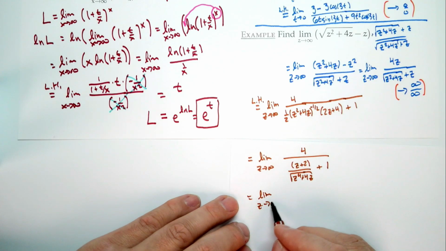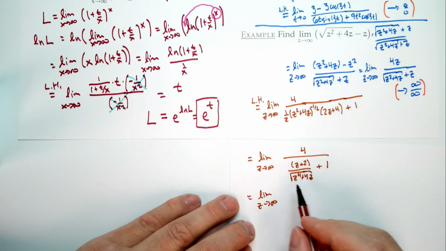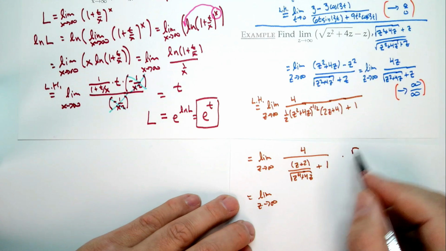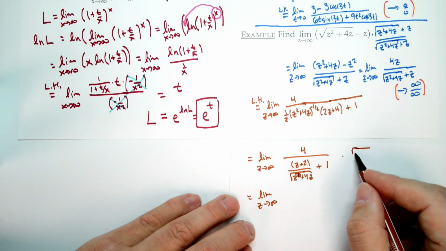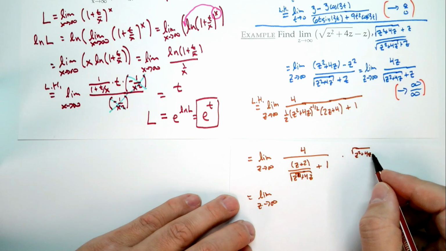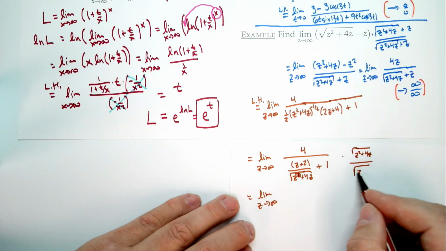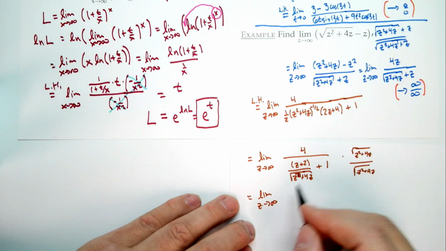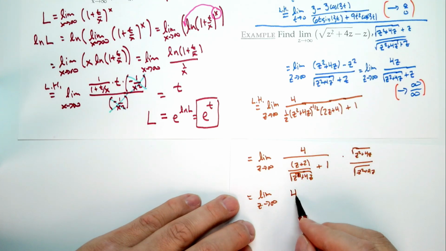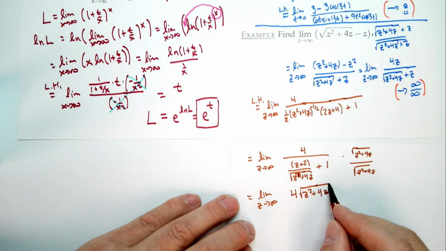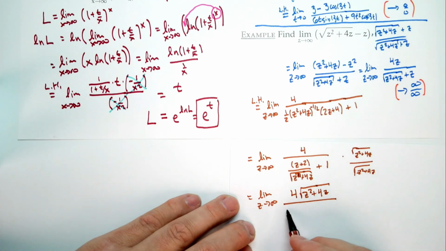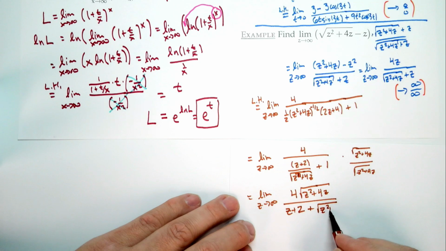So, this becomes a limit as z goes to infinity. Let's multiply top and bottom by the square root. Oh, that should be a z squared there. Square root of z squared plus 4z and a square root of z squared plus 4z, just to get rid of the fractions within fractions. So upstairs we get 4 square root z squared plus 4z. Downstairs we get z plus 2 plus the square root of z squared plus 4z.